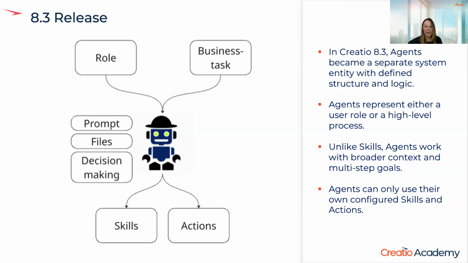So essentially, agents either represent a business role or a high-level business process. Unlike skills, which focus on specific tasks, agents work with broader contexts. They're built to handle scenarios where more detailed business input is needed. So this helps Creatio solve complex tasks more efficiently and with greater clarity.